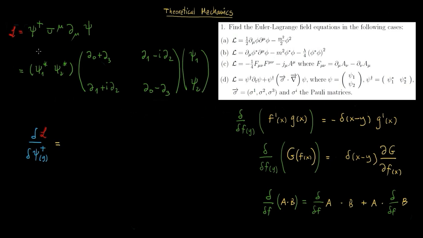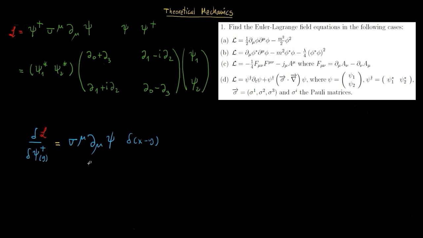Here we have our field times something that has nothing to do with psi dagger, because we suppose that psi and psi dagger are independent fields in some way. So the partial derivative with respect to psi dagger is only sigma mu partial mu psi times delta x minus y, if this rule is correct, of course.